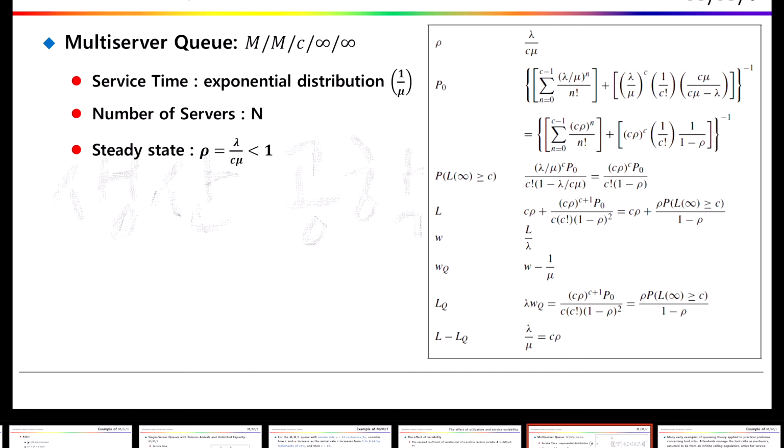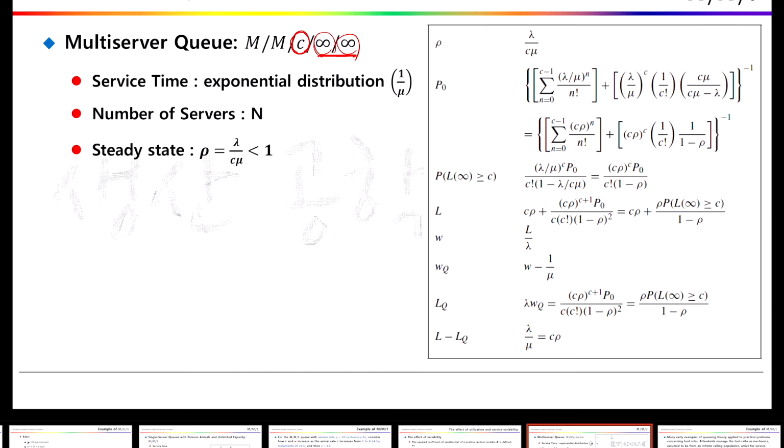Now let's see the multi-server queuing model. And here you can see this number. It's not 1 now. It is changed to a certain number C, with an infinite number of customers allowed in the system, and this means the size of the calling population. Actually, those two parameters can be omitted.